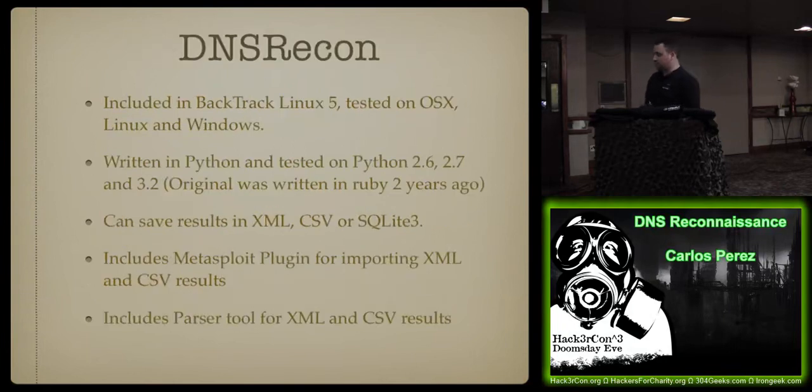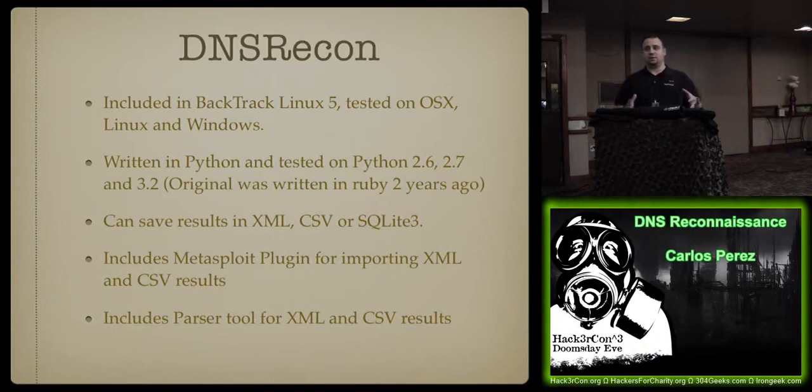So I wrote a tool called DnsRecon. It's included in Backtrack Linux. I have tested it on OS X, Linux, and Windows. It's written in Python. I took the time to make sure it works on Python 2.6, 2.7, and 3.2, the 3.2 one being the most painful one to make sure it was compatible, all three of those.